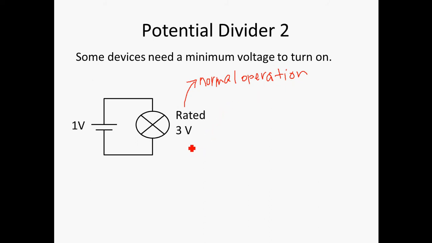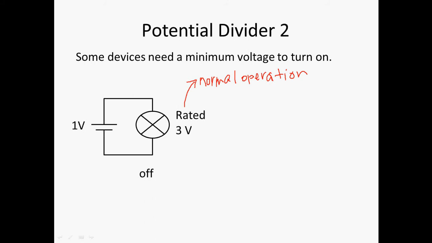So if this device draws 3 volts and you connect it to a power supply that only supplies 1 volt, will you expect it to be operating normally, or not? Obviously with a 1 volt supply, it will definitely be very dim or off. So in this case, let's say that the device is off.